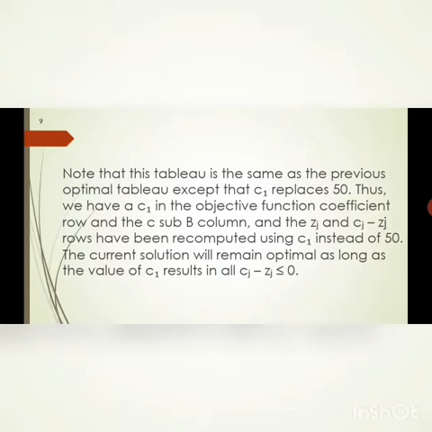Thus, we have a c sub 1 in the objective function coefficient row and the c sub b column, and the z sub j and c sub j minus z sub j rows have been recomputed using c sub 1 instead of 50. The current solution will remain optimal as long as the value of c sub 1 results in all c sub j less z sub j being less than or equal to 0.